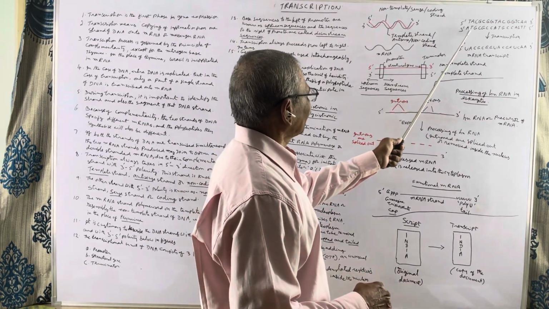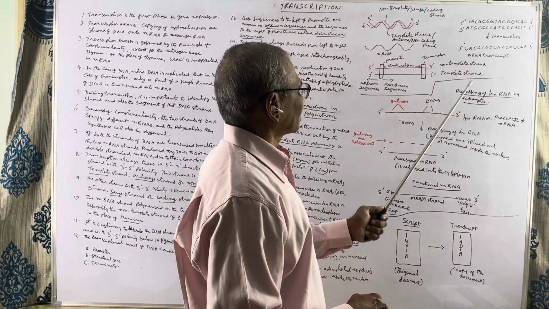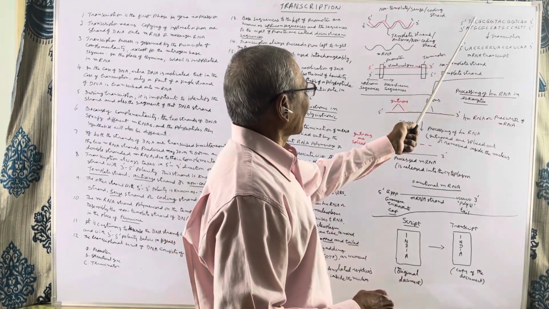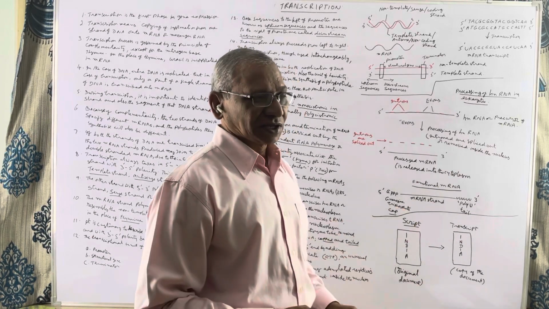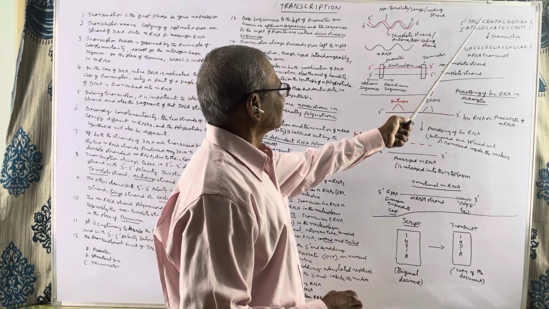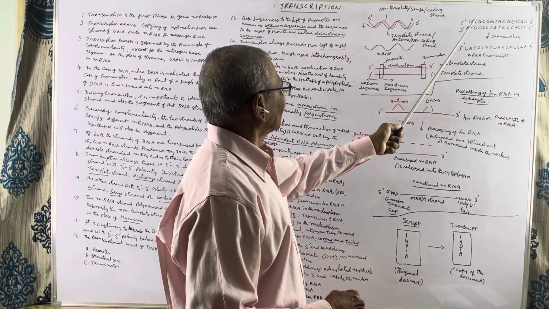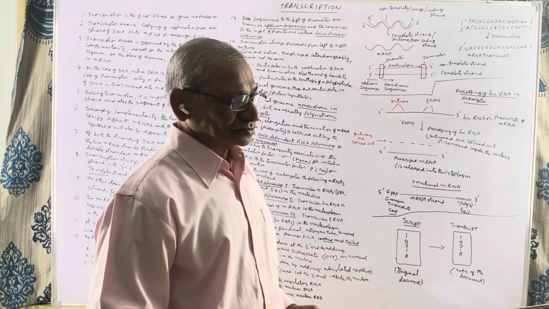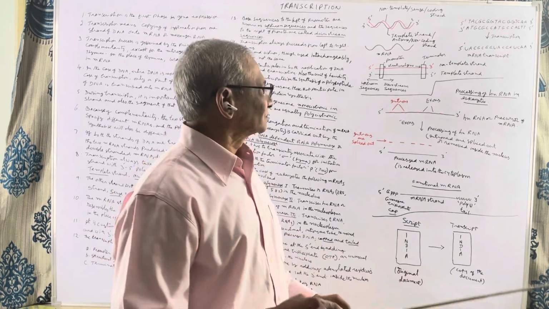So this is the template strand. The strand in 3'5' direction is known as template strand. The strand in 5'3' direction is known as non-template strand. This one. So this is the template strand. This is non-template strand.